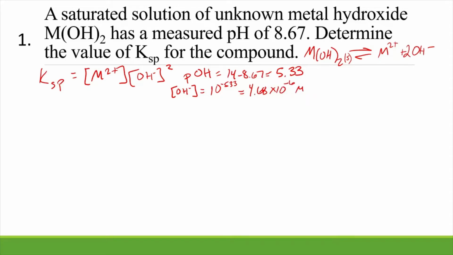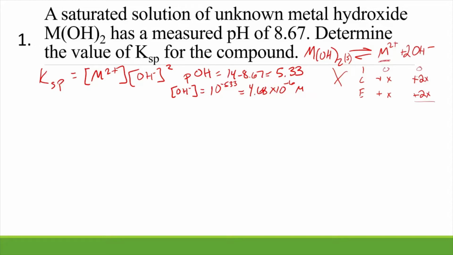Now, if we were to very quickly look at the reaction and think ice table, there's not going to be any initial amounts here, but we will have some gain of X and gain of 2X for hydroxide. So that tells us that the concentration of our metal is equal to 1/2 the concentration of hydroxide.